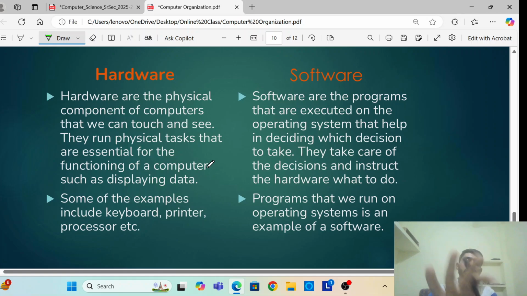Some examples of hardware devices include keyboard, printer, and processor. Different operating systems and application software are examples of software. One is a physical device, the other is a logical device. Mainly, just remember these two differences with examples.